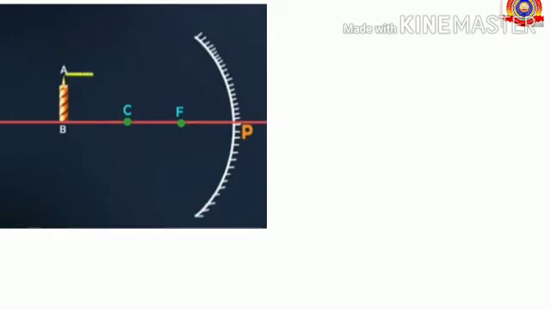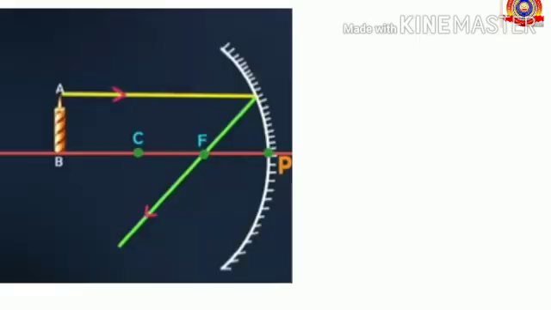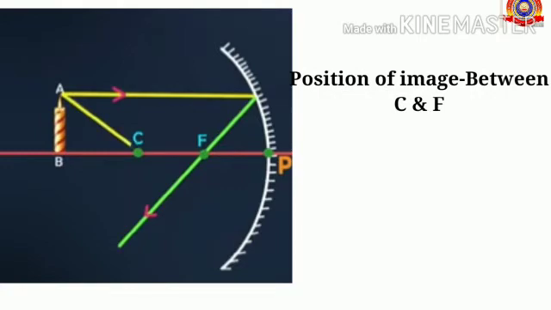The first ray goes parallel to the principal axis from the object, and after reflection it passes through the principal focus, and the second ray goes through the center of curvature and reflects back through the same path.